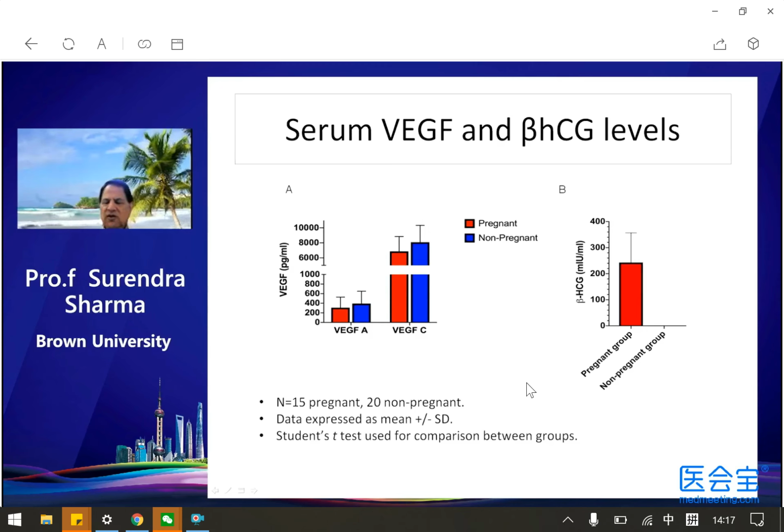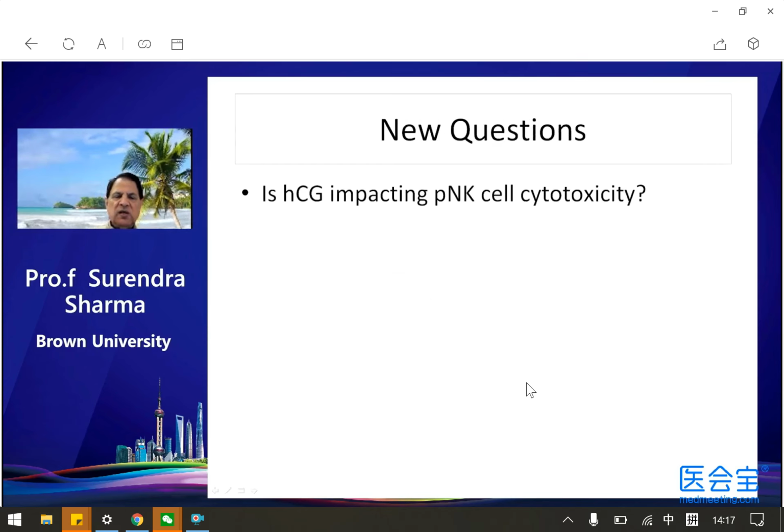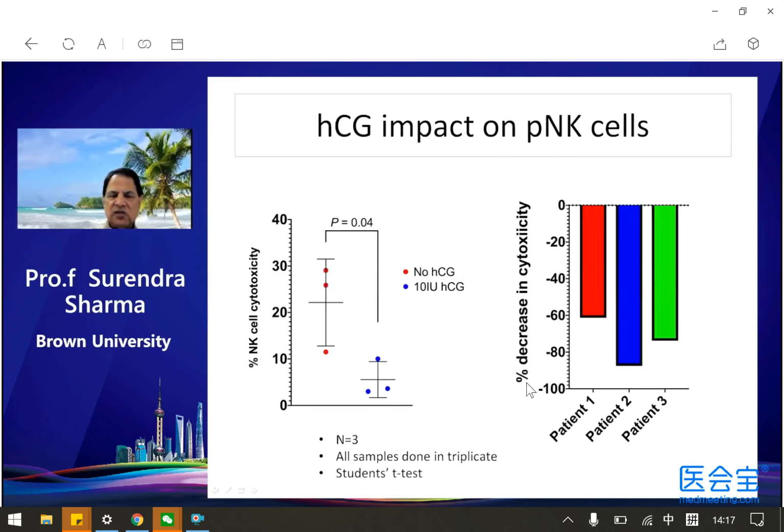That's nothing new, that's known, but this gave us an idea that HCG might be inhibiting the cytotoxic activity of NK cells. So this led to a new question: is HCG impacting peripheral blood NK cell cytotoxicity? This is the experiment that we did.